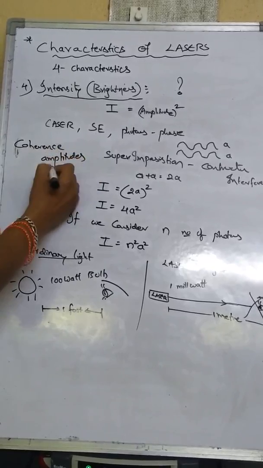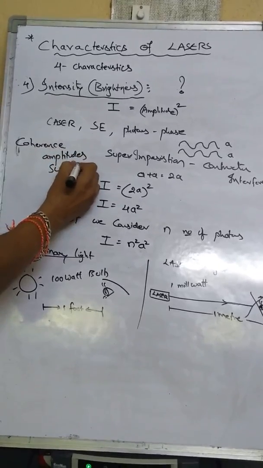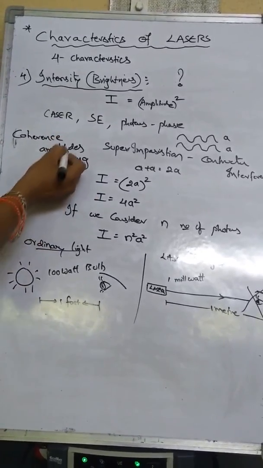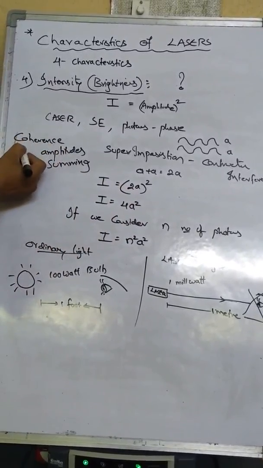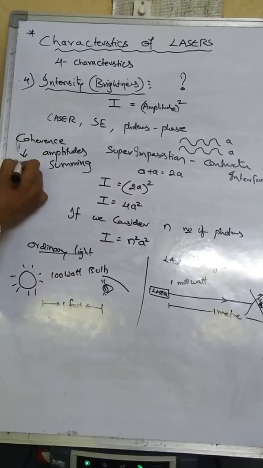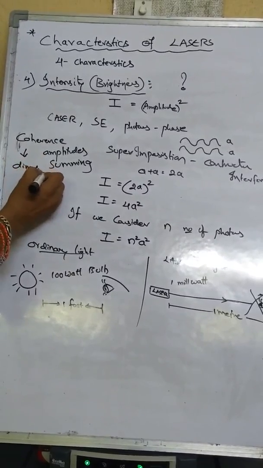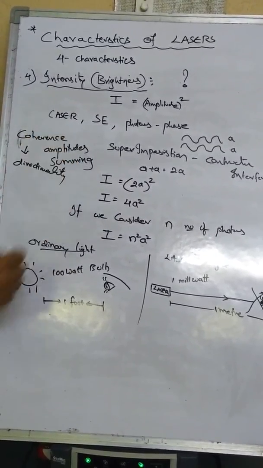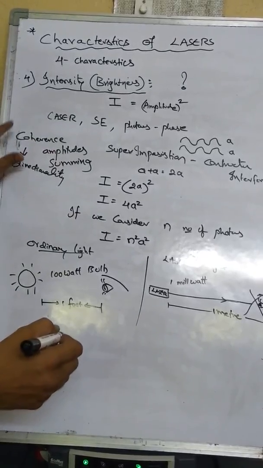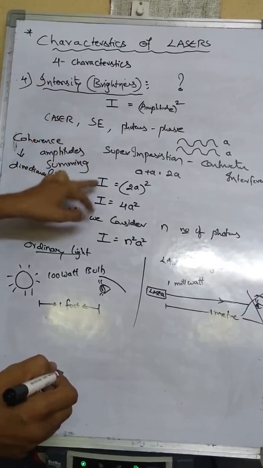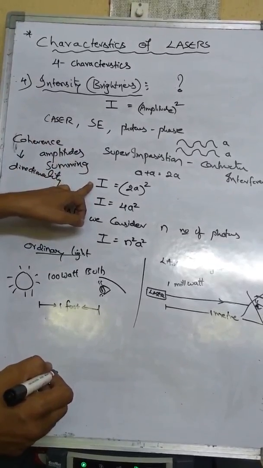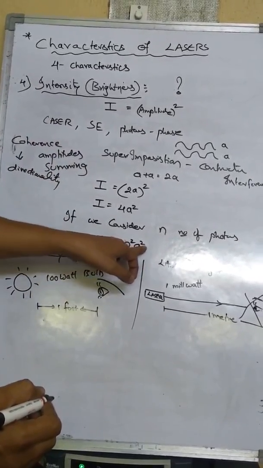As the amplitudes are summing, automatically the intensity is increasing. This coherence also leads to directionality. So coherence and directionality make the amplitudes sum, and this amplitude summing increases the intensity, which is nothing but the square of the amplitude.